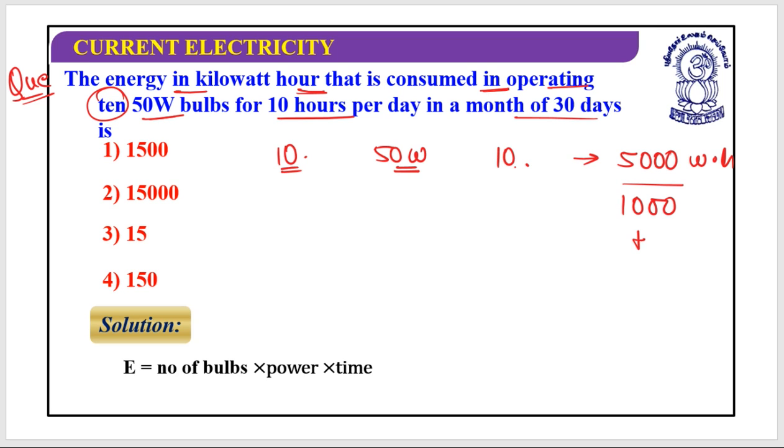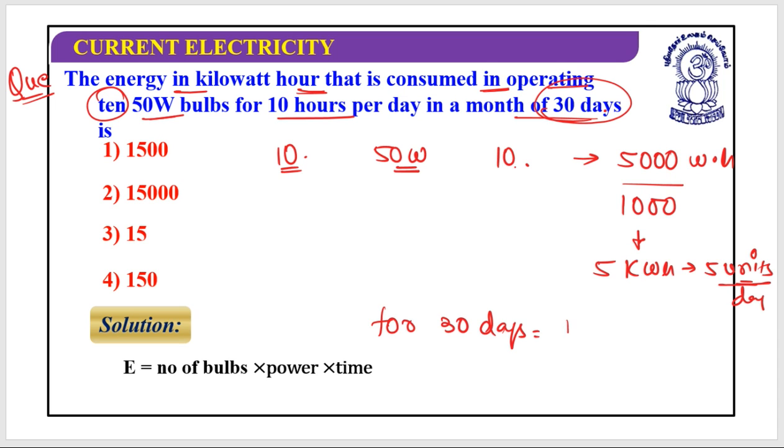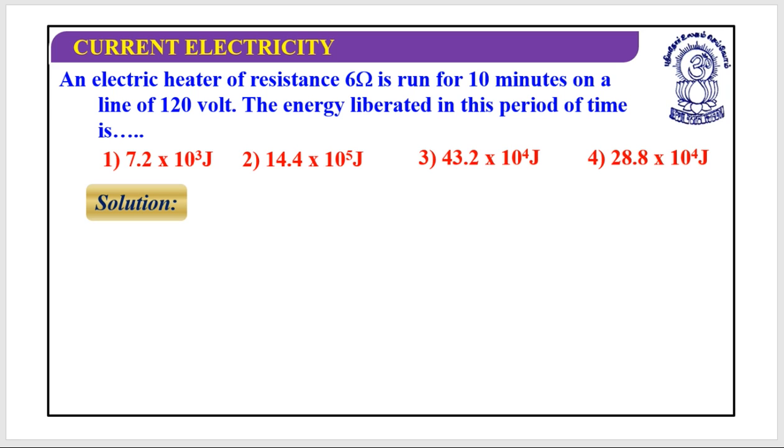Divided by 1000, it's 5 kilowatt hour, which is 5 units. So it's 5 units per day. So for 30 days, it is 150 units or 150 kilowatt hour. Both are the same thing. I hope this is clear. Great.